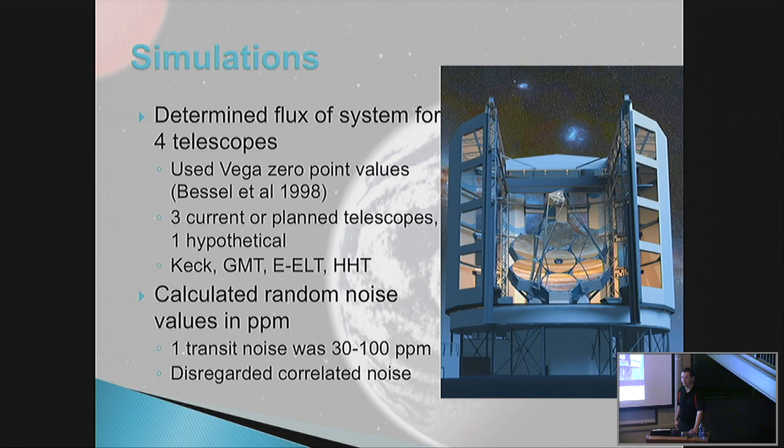These have diameters of 10 meters, 25 meters, 40 meters, and the hypothetical will be 100 meters, just to test. I used the Vega zero-point values in the distance modulus equation to calculate the fluxes. From there, I calculated the random noise values in parts per million. I disregarded correlated noise from the instrument. That would be a little bit more in-depth. The one-transit noise was between 30 and 100 parts per million, so it was actually very good with these spectrographs.